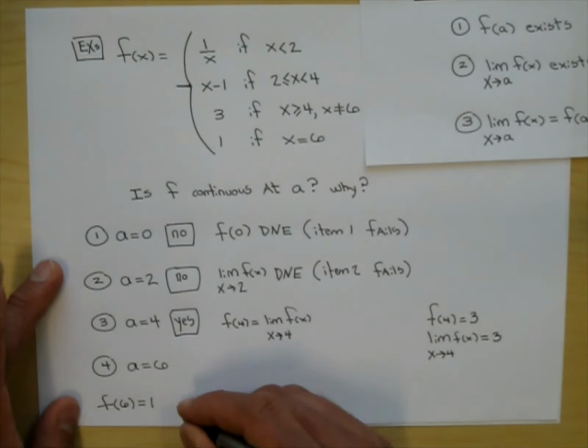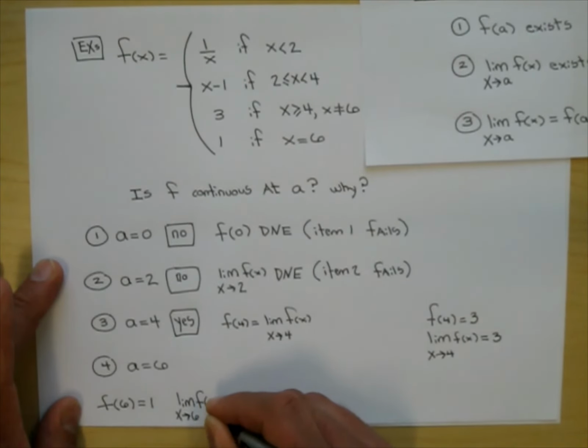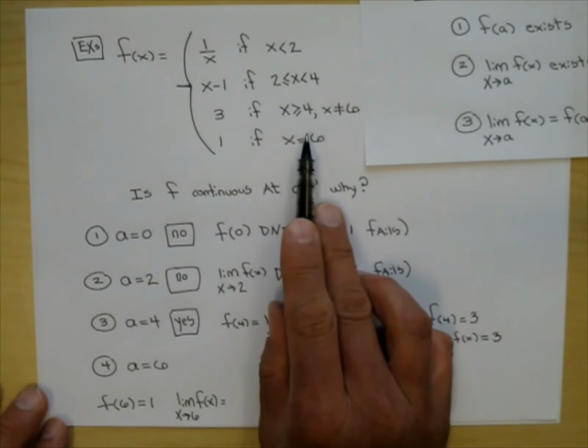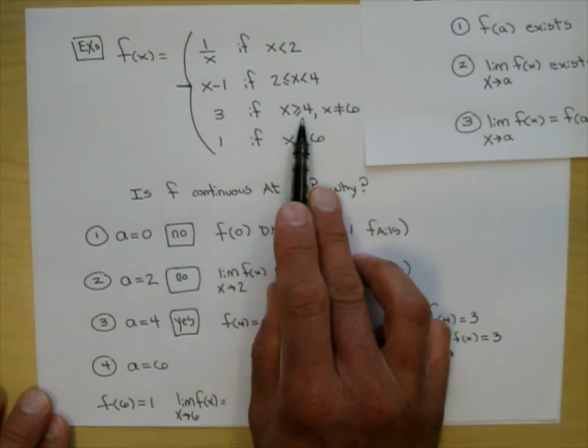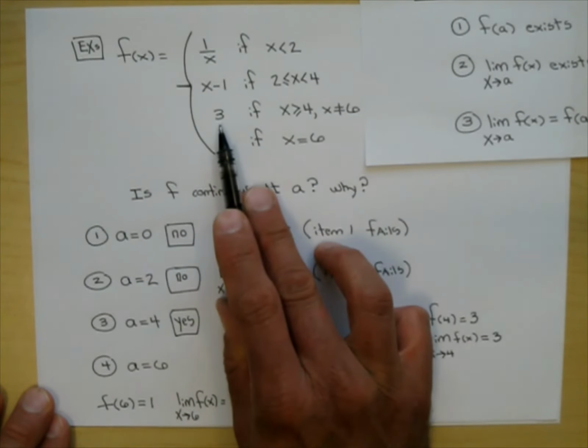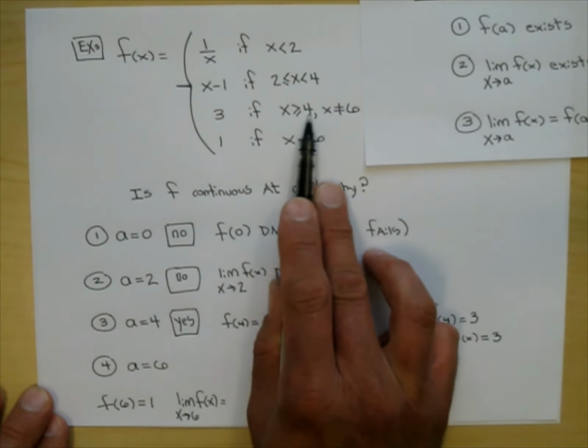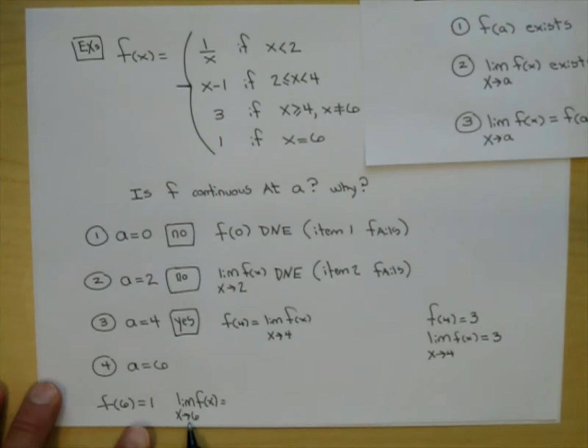And the limit as x approaches 6 on your function, well, on both sides of 6, you happen to be right here at 3. Because, like if you are at 5 or 7, you're taking this road right here. So the limit as x approaches 6 is 3.